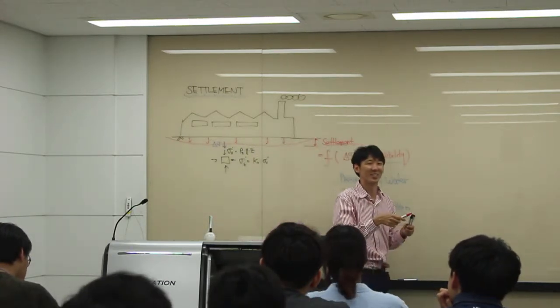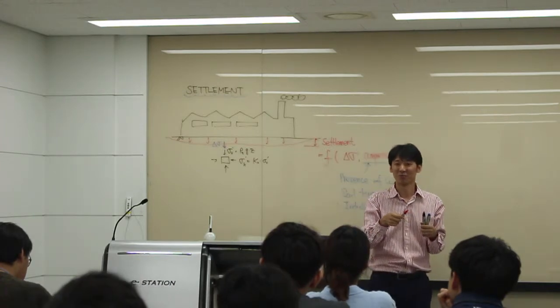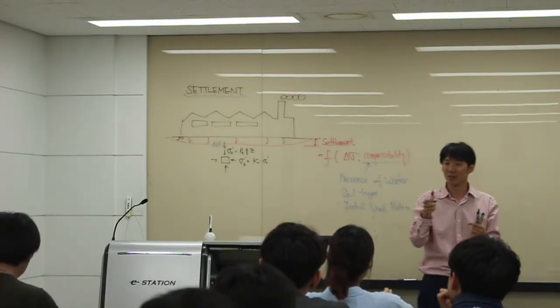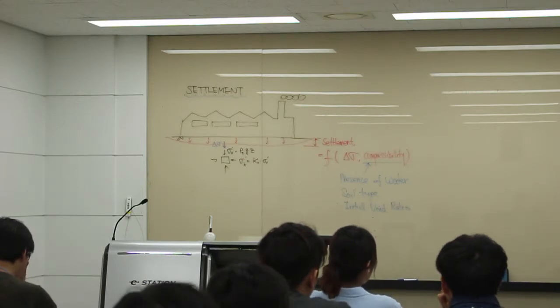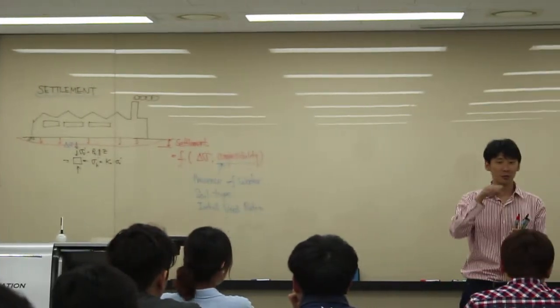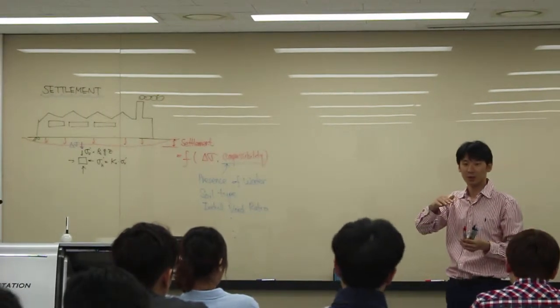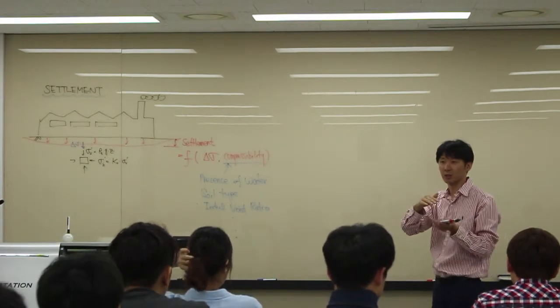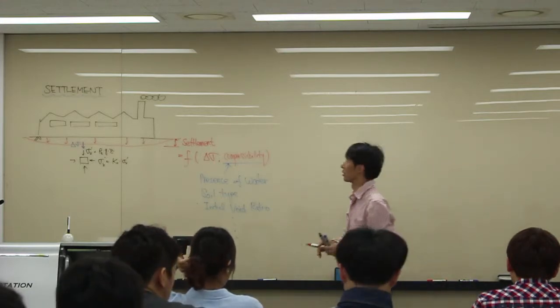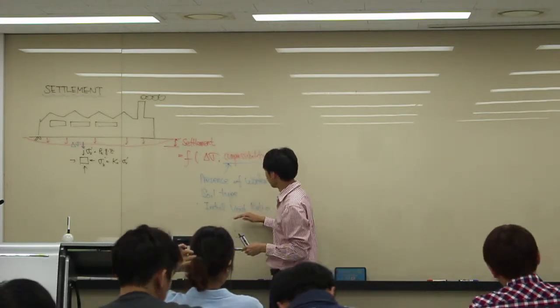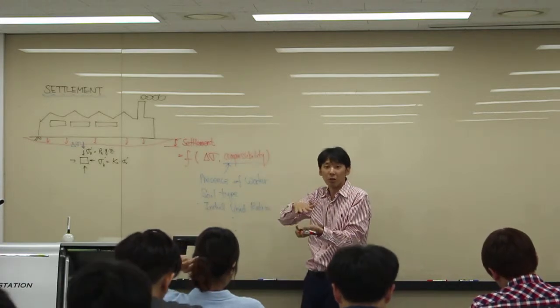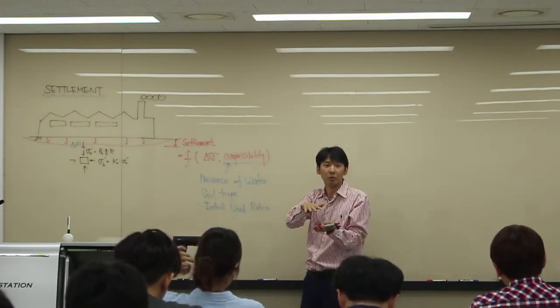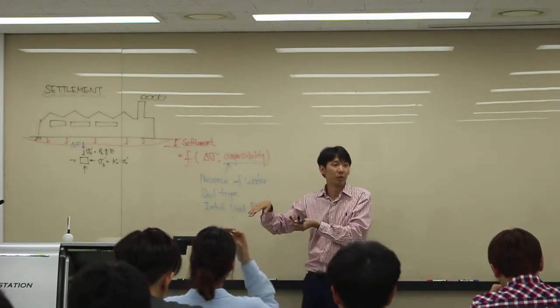Field dry density over the laboratory maximum dry density, times something, will give you the relative compaction. So if the initial void ratio is lower, it means it's more compacted. So it will give you less settlement.